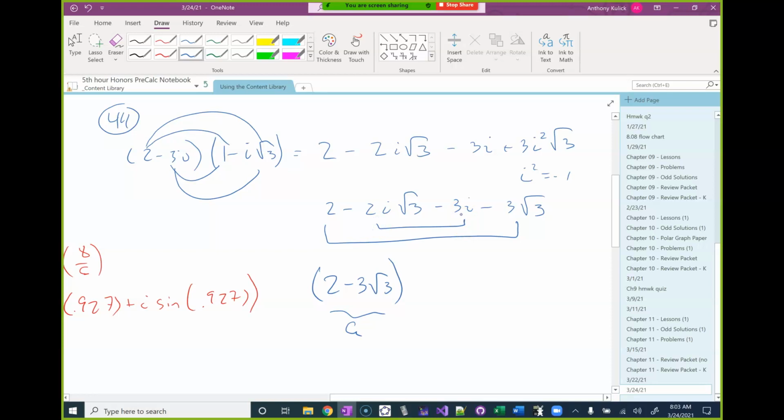And again, they're not like terms because the 3i doesn't have a root 3 attached to it. And that's my B. And I wrote it with a minus sign in between them because both of those pieces were negative. You could put plus and then make both of them negative. That would be fine also. So you just factored the i out is all I did. And I think that's as good as you can do.